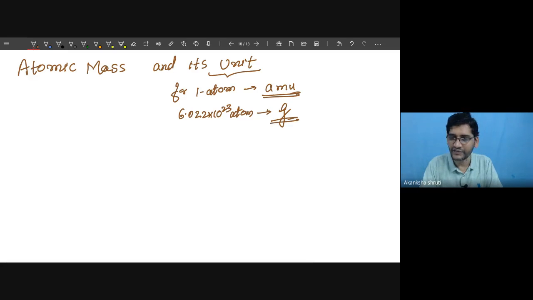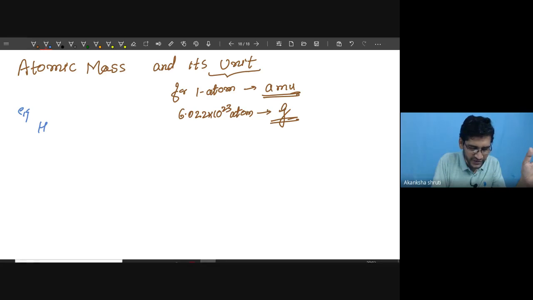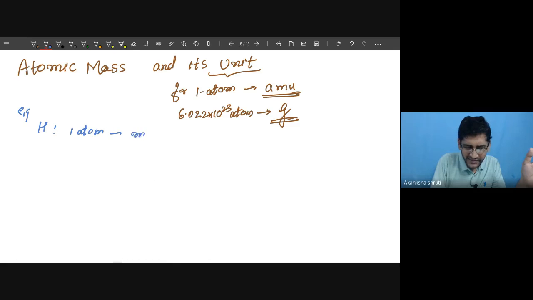So if 1 atom of a particular element is taken, then it will have the mass in AMU. Say for hydrogen, if we are taking an example, then 1 atom of hydrogen will have a mass of 1 AMU.